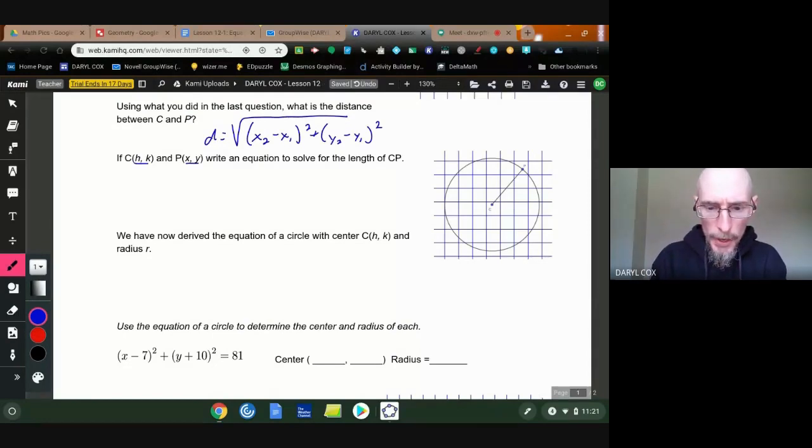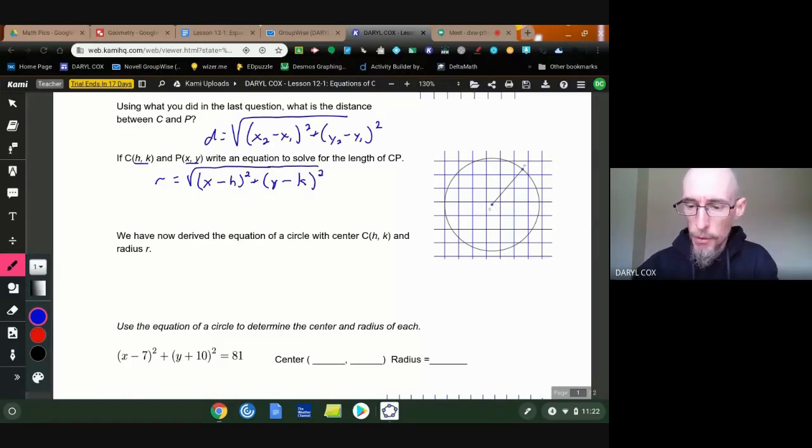So my distance equals, and you know what? Instead of calling it distance, since we already said it's going to be the radius, I'm going to call it r for radius. The square root, and my x2 is just x. My x1 is h. My y2 is y, and my y1 is k.